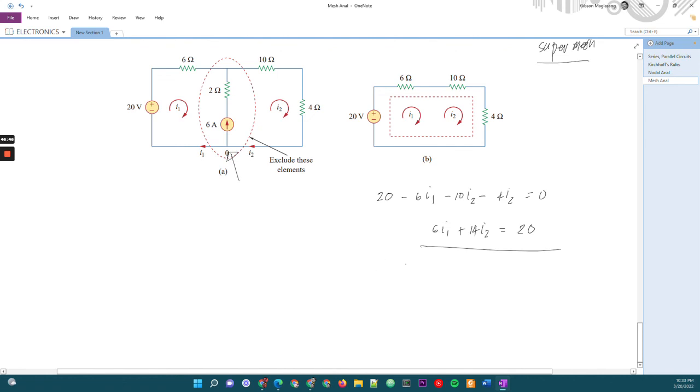So sa junction 0, we have I2 is equal to I1 plus 6. Okay? So direct substitution naman ni siya. Imo na siya substitute diha, should be able to get I1 is negative 3.2 amp, and then ang I2 is 2.8 amp. Okay.